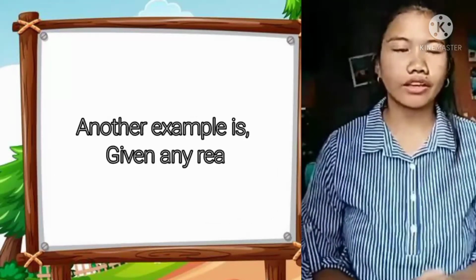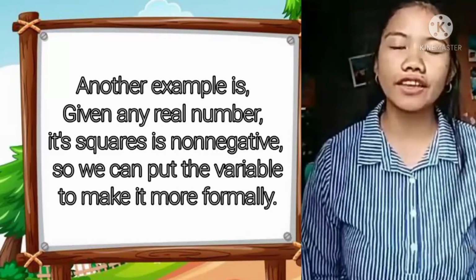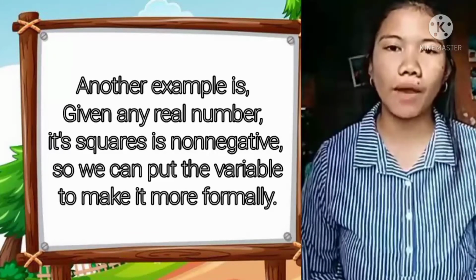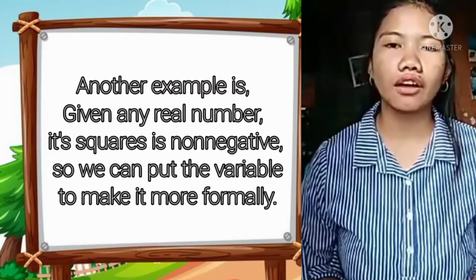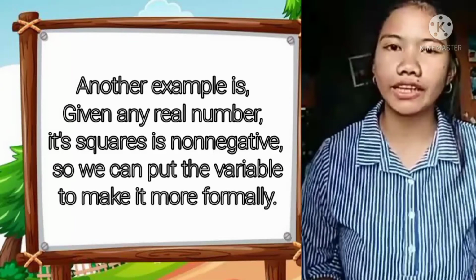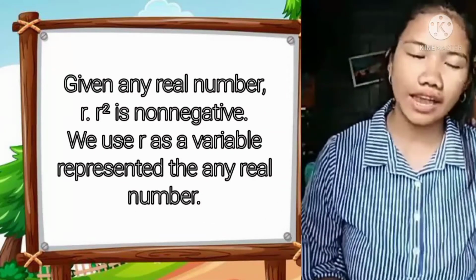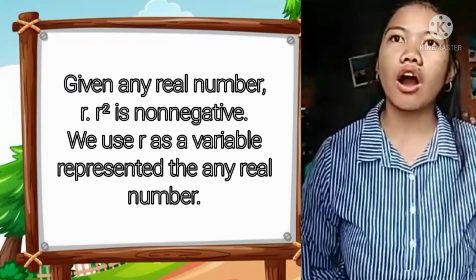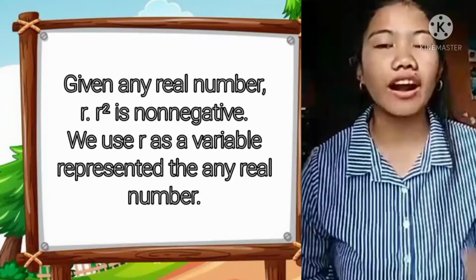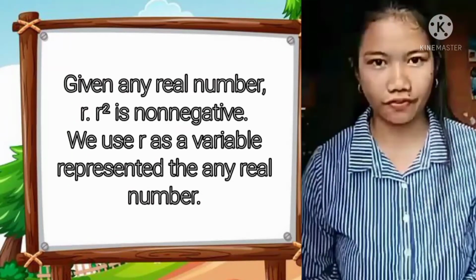And another example is, given any real number, its square is non-negative. So we can put a variable to make it more formal. We can say that given any real number r, r squared is non-negative.